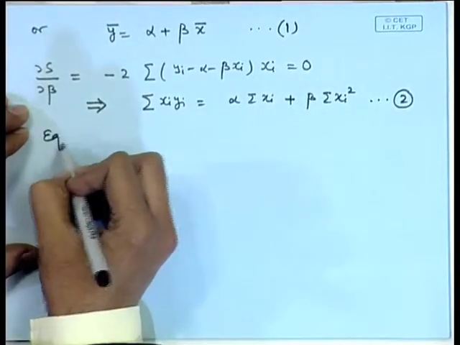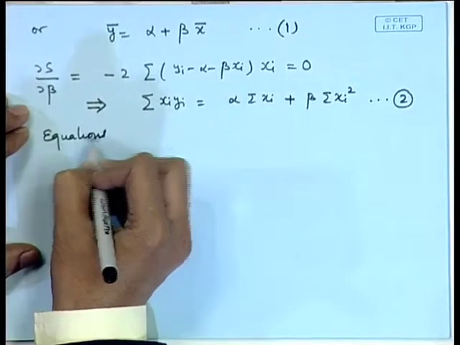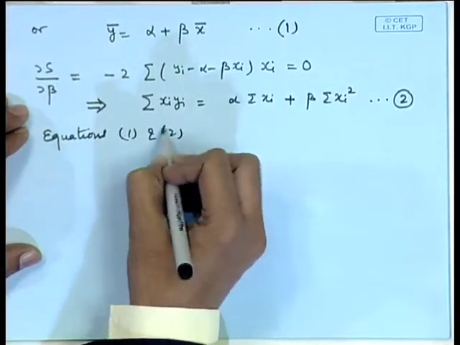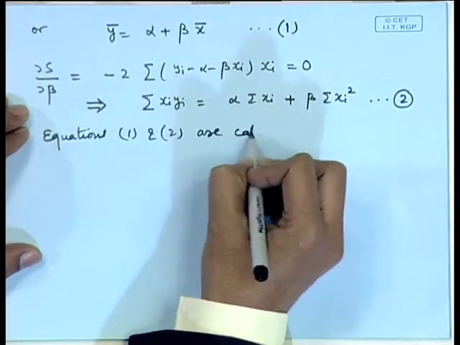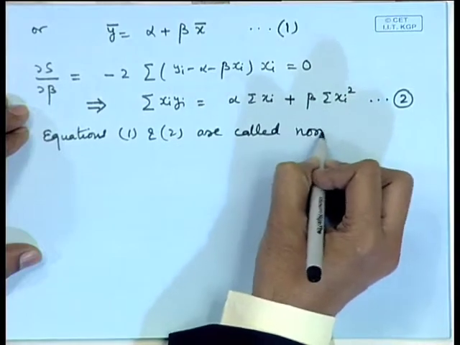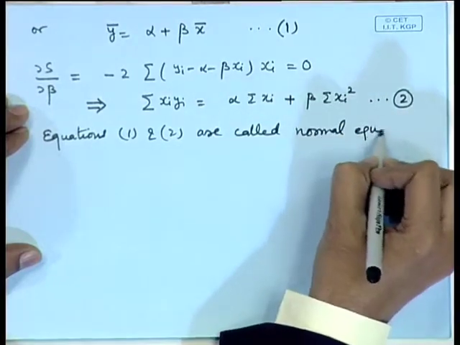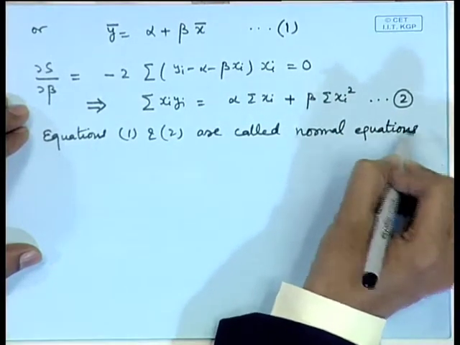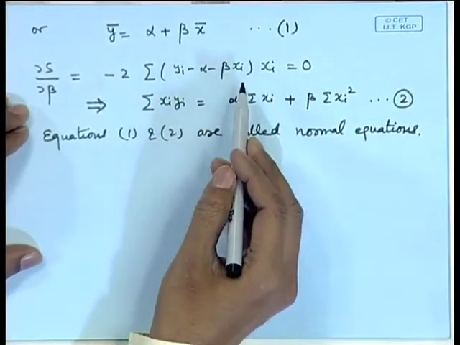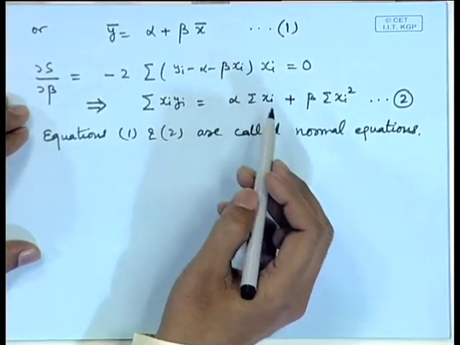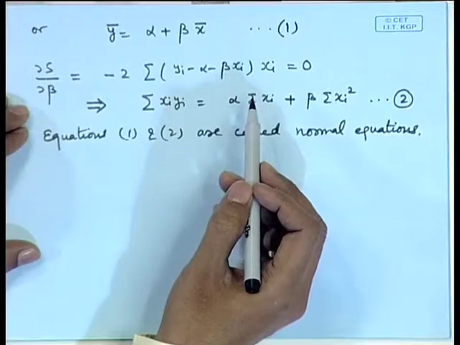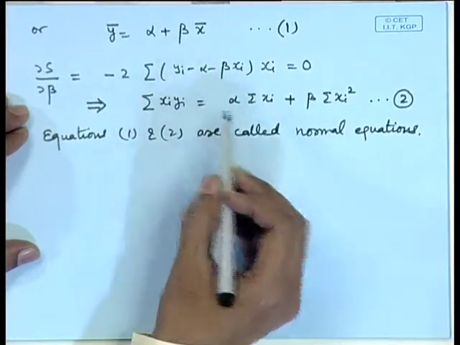So, equations 1 and 2 are called normal equations. So, if we solve equations 1 and 2, then we get the least square estimates of alpha and beta.